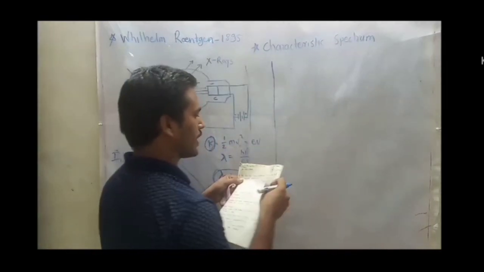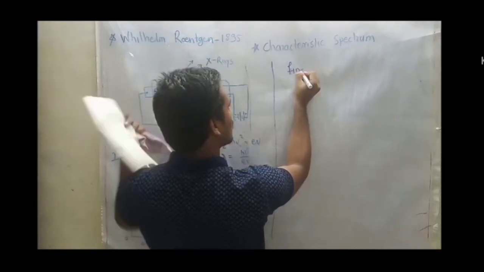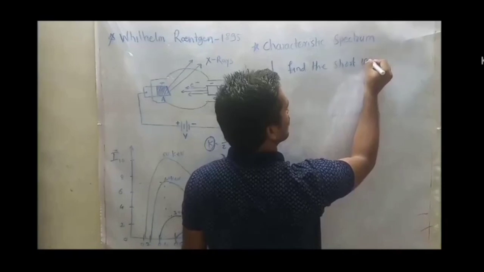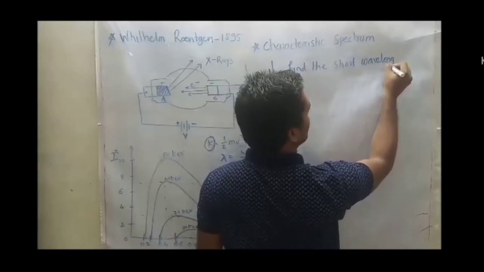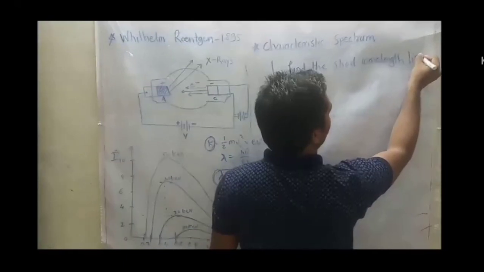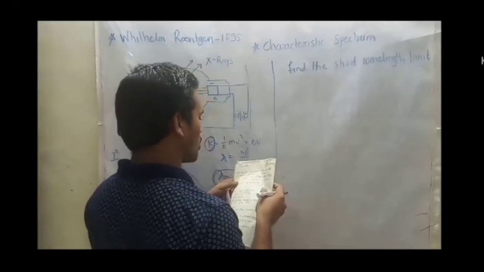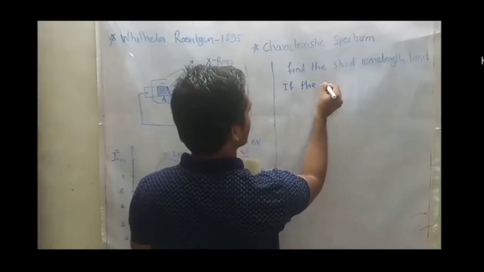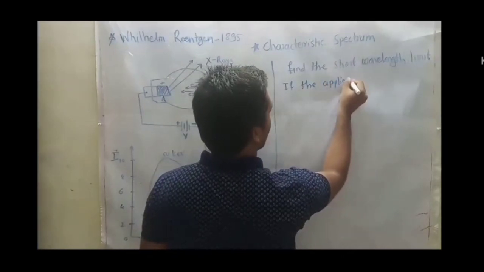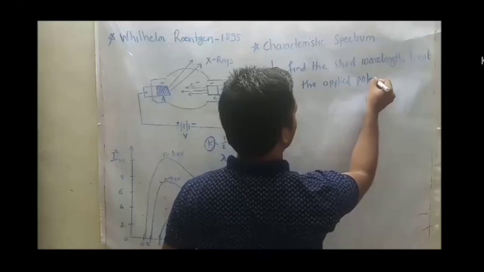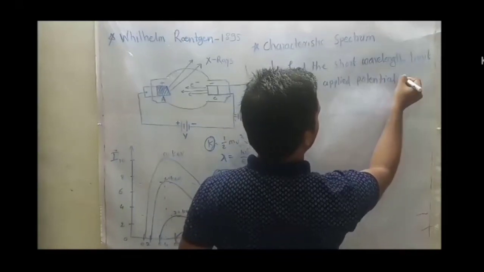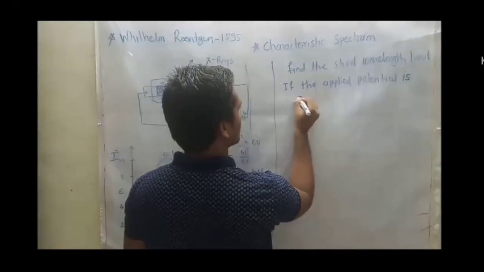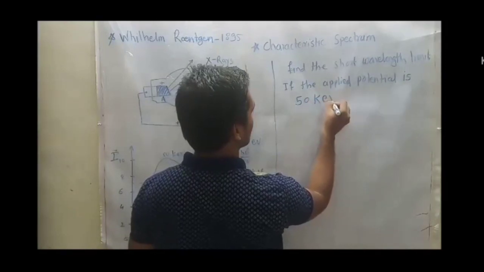Find the short wavelength limit if the applied potential is 15 kilo electron volt.